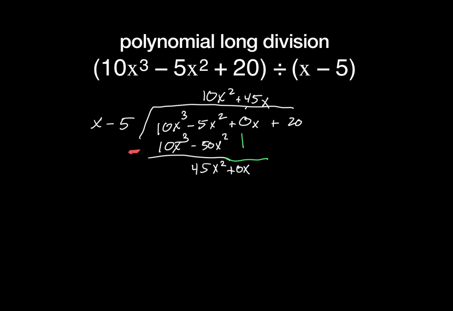So that gives me the 45, and then x times x will give me the x squared. So I'll multiply 45x times this whole thing. So 45 times x is 45x squared.